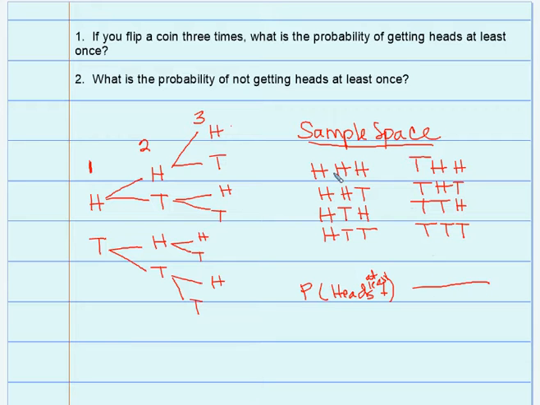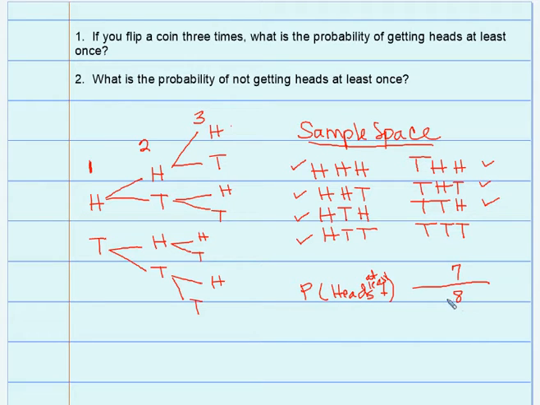So how many are there? 1, 2, 3, 4, 5, 6, 7, 8. So there are 8 possible outcomes from this event. And how many of them have heads? Well, this one does, this one does, this one does, this one does, this one, and this one, not that one. So 7/8. And probability you can write as a fraction, a decimal, or a percent.